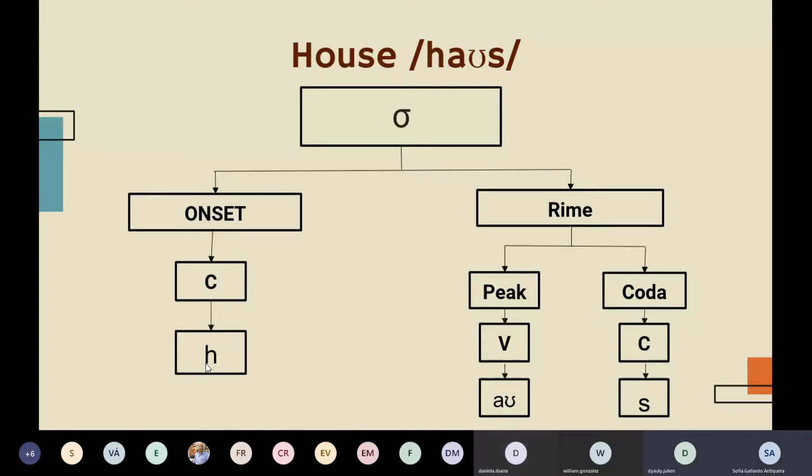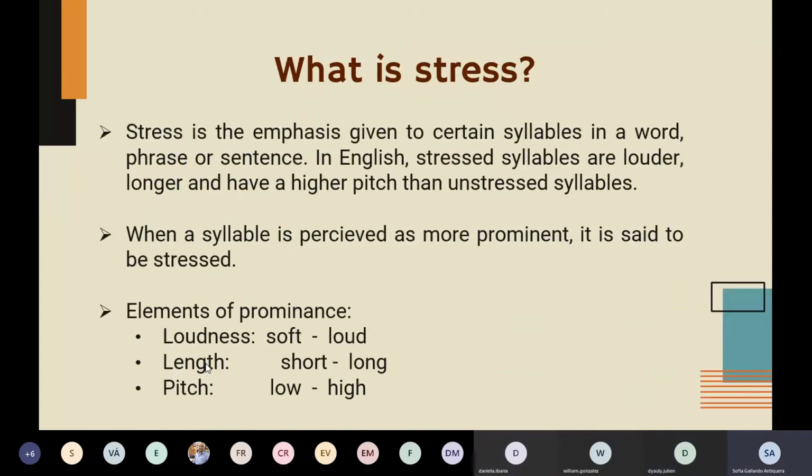Good. Perfect. You really know how the syllable is composed. So who can read? Let me see who's there. Nelson, are you there? Yes, I'm here. Could you read the first paragraph, please?